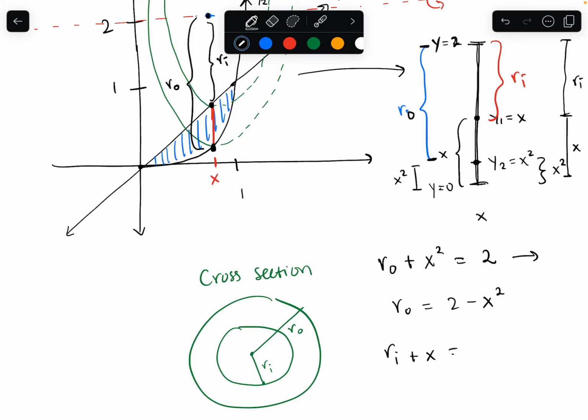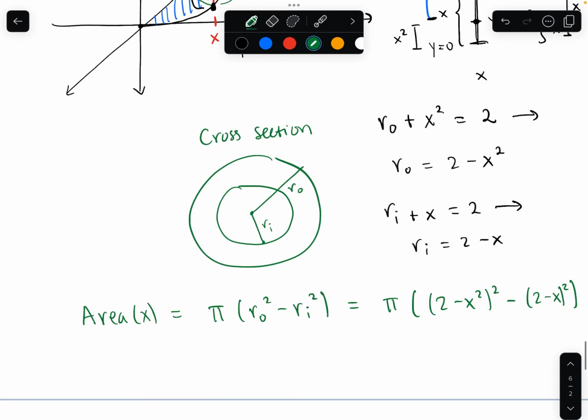That's just pi times outer radius squared minus inner radius squared, or from what I just did, pi times (2 minus x squared) quantity squared, minus (2 minus x) squared. Yep, that's what that is.